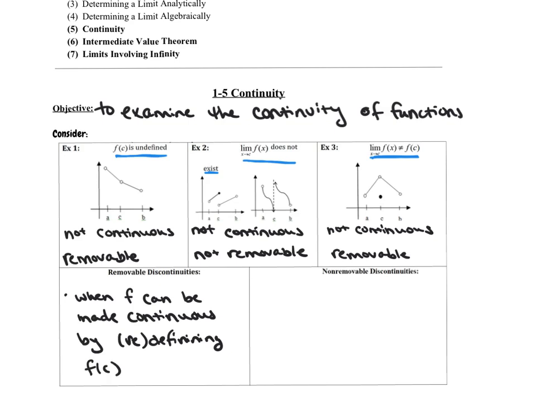So essentially, if we could fill in these holes somehow by redefining f of x at that point c, then we would be okay. So we would fill it in for example 1, or we would somehow move our f of c value to equal our limit value.